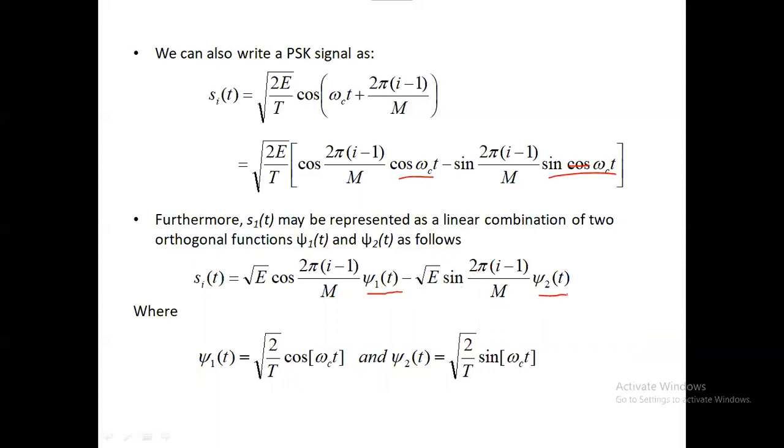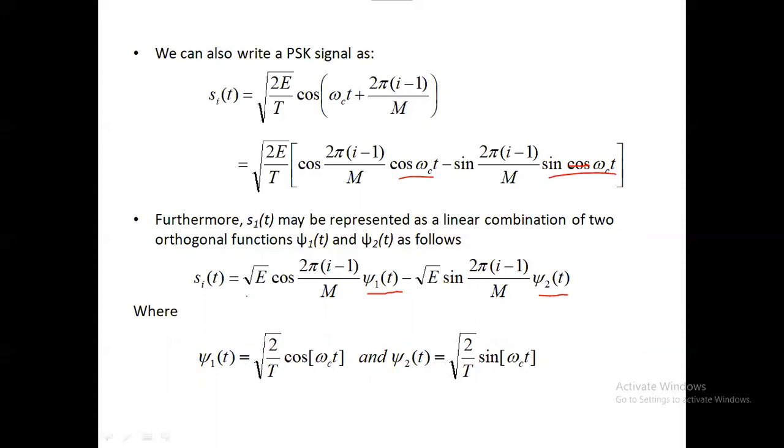irrespective of the number of phases we are using, or irrespective of the number of symbols we have in the PSK modulation scheme. So these basis functions have the root of 2 by T shape of the signal.